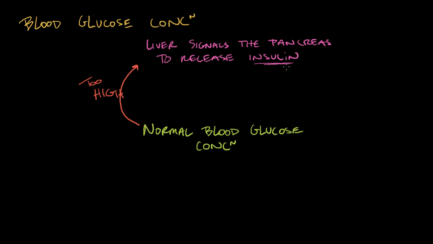But basically, you also need to know that it's not just the pancreas, it's beta cells in the pancreas that release insulin. So it's a special type of cell in the pancreas that releases insulin. And insulin does two things.